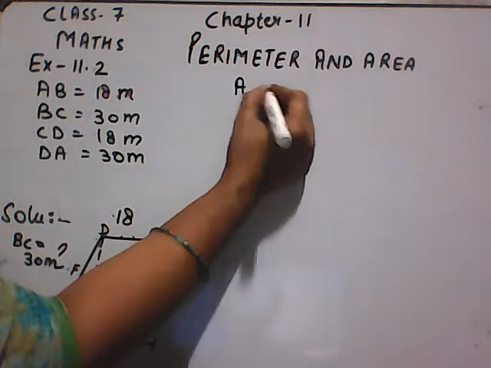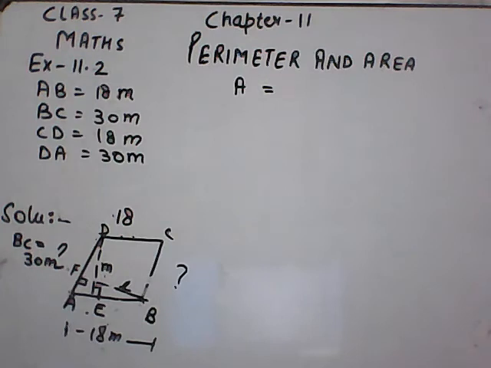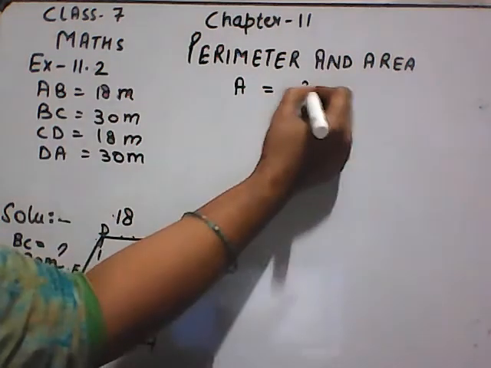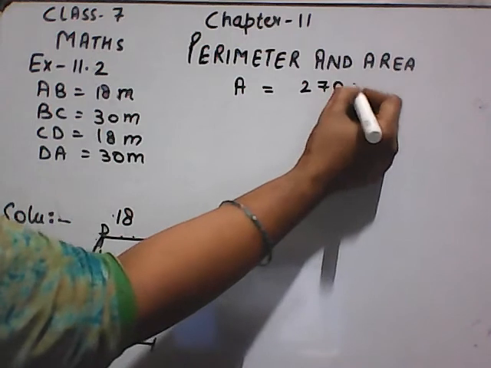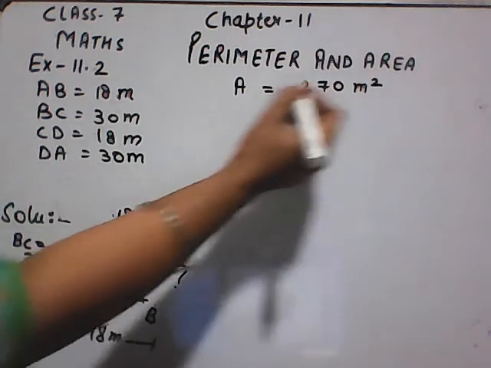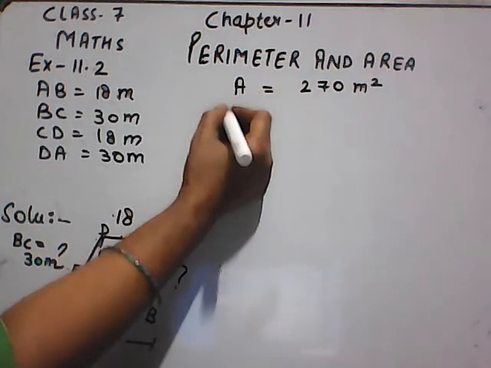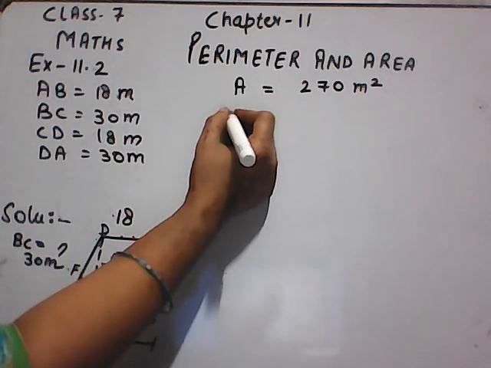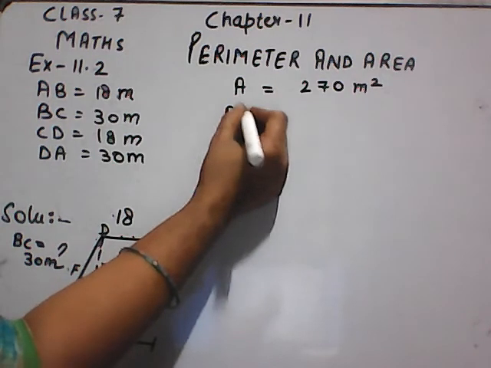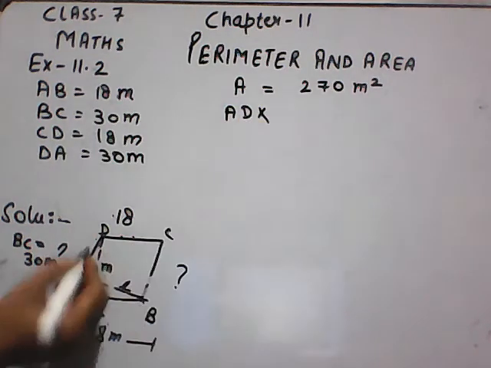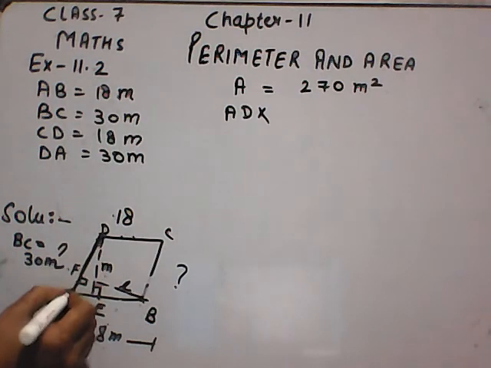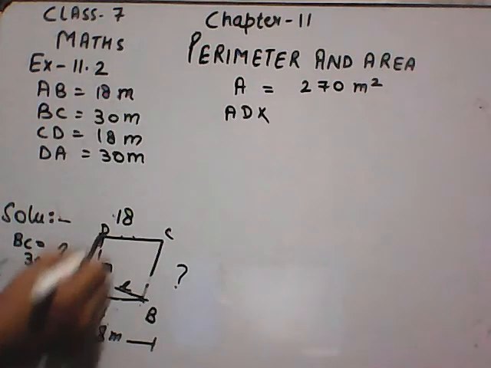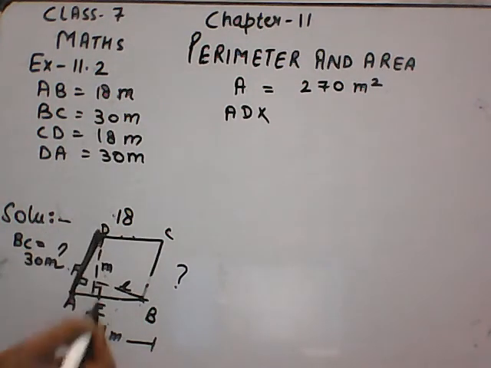Now, area of the parallelogram is given to you as 270 meters square. If we are considering BF as the altitude, then area is equal to base AD multiplied by corresponding height. What is the height of the base AD?